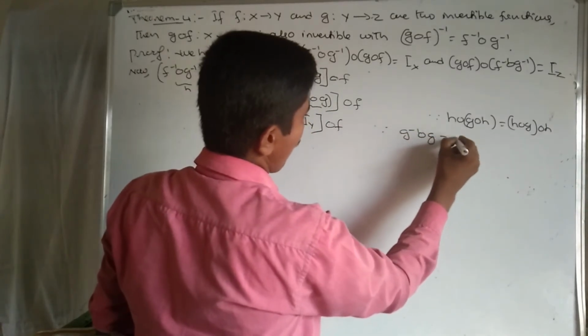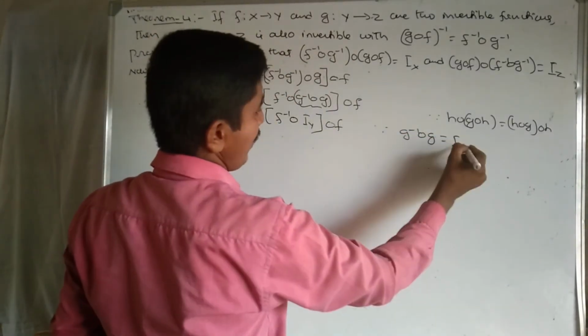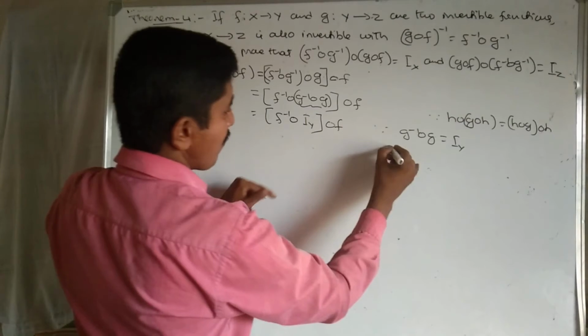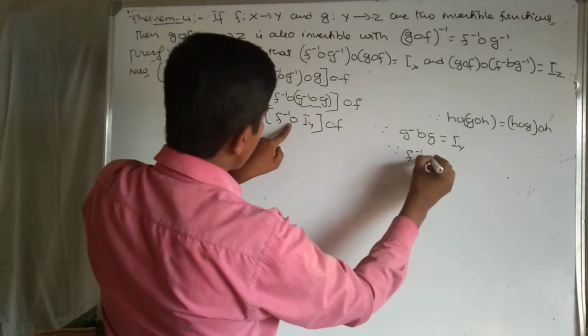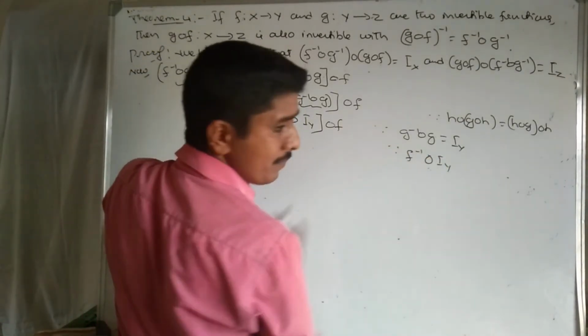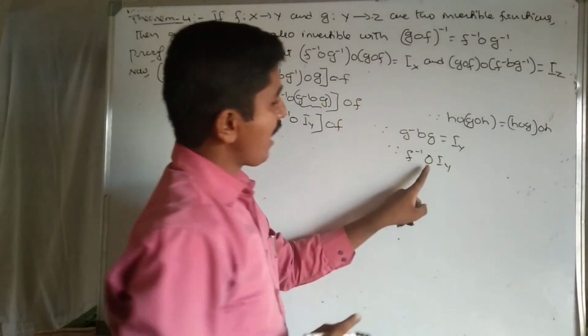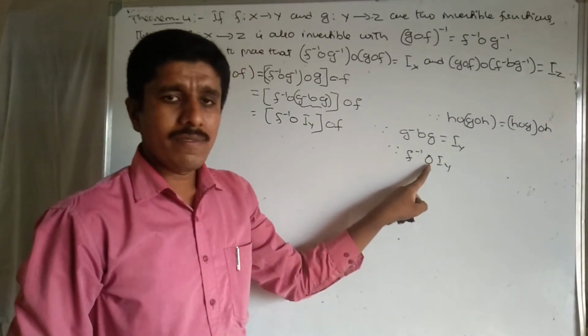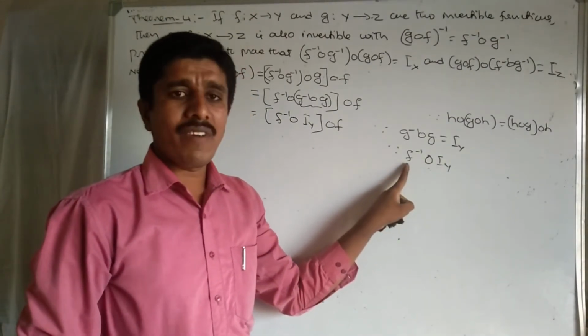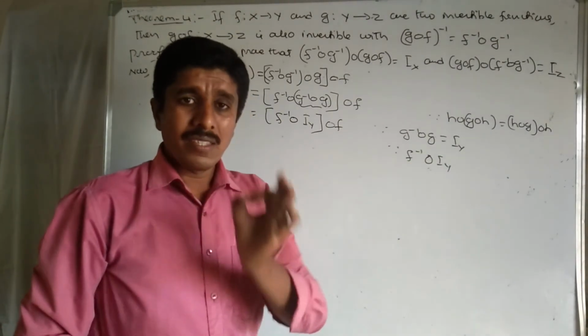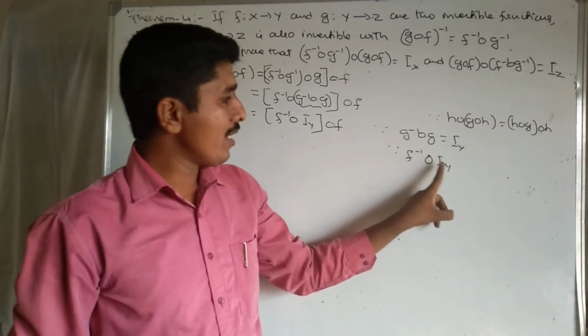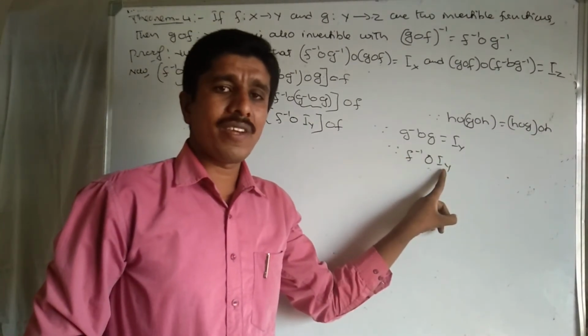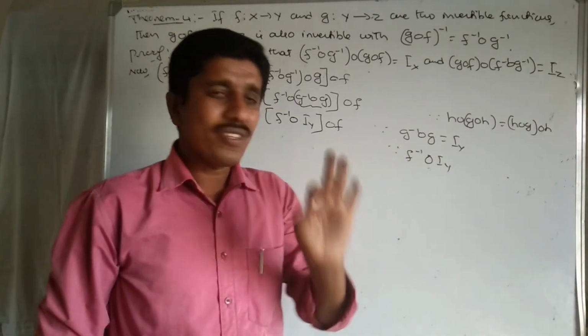G inverse OG equal to identity function, G domain Y. Next, F inverse OI Y. See, the composition of identity function and any function is equal to the function itself. The composition of a function and the identity function is equal to the function itself.